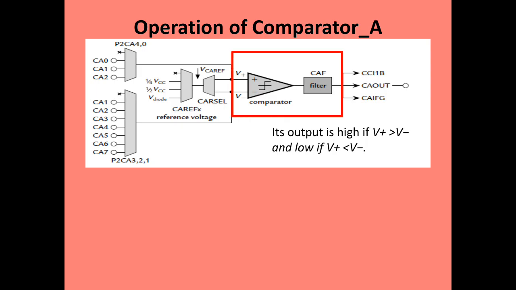We are going to compare the voltages that we apply to the comparator at the non-inverting and inverting terminals. The non-inverting input is compared with the inverting input. Where the non-inverting input voltage is greater than the inverting input voltage, the output is high. If the non-inverting is less than the inverting voltage, then it is low.